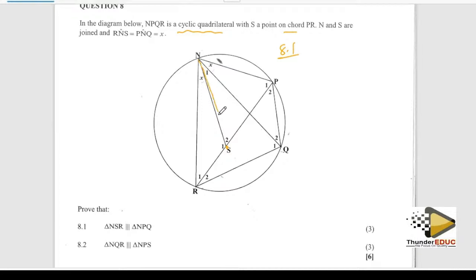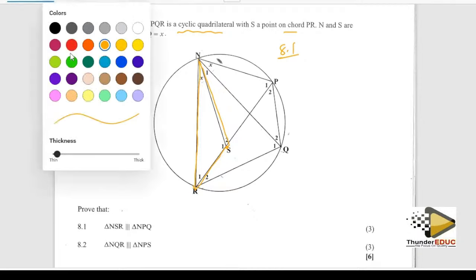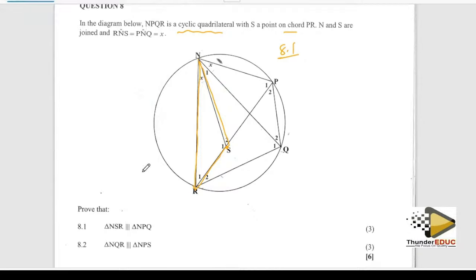This is NSR. Then we need to choose the NPQ. It's a different triangle, N, P and Q, something like that. Can we find any similarities in this?